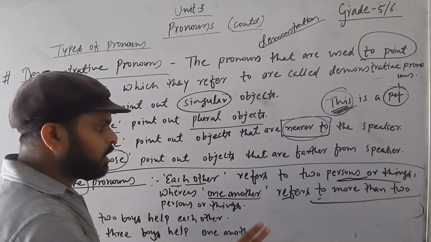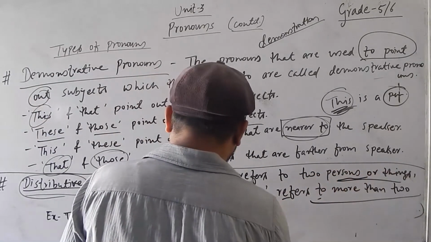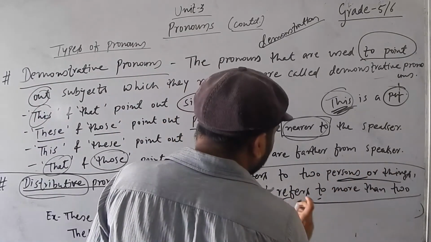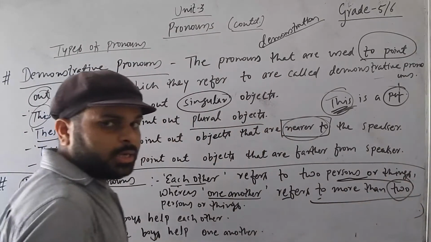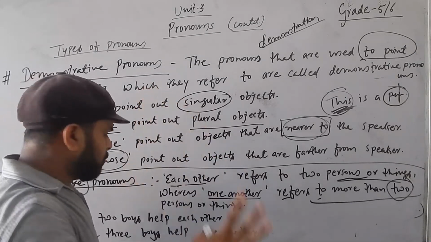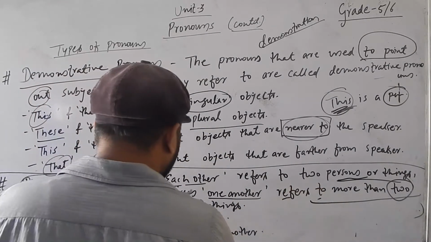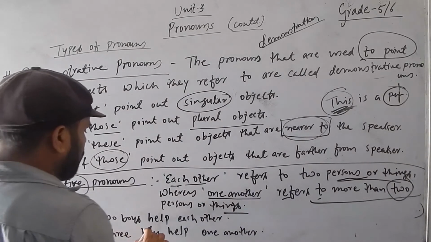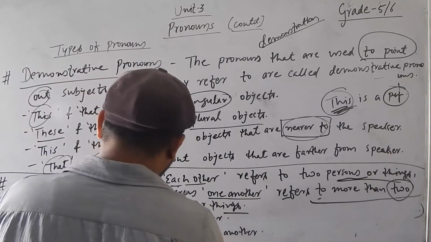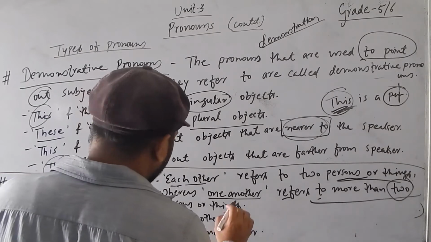On the contrary, one another refers to more than two, that is, three, four, five persons or things. See the example. These two boys help each other.